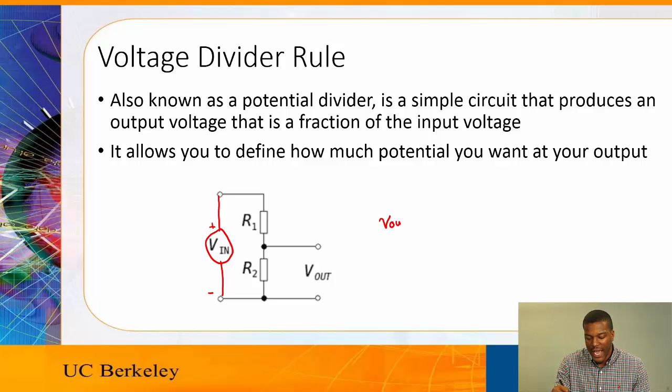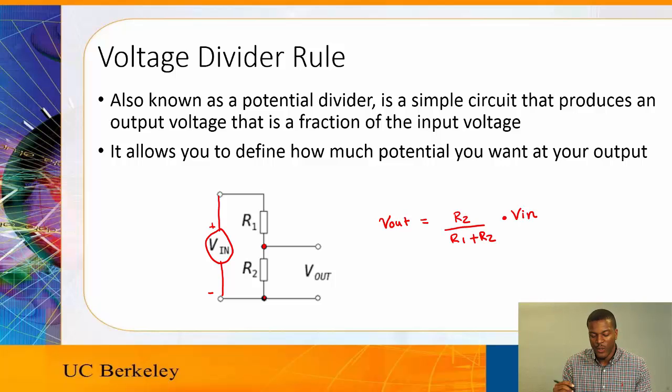In this case, Vout, which is the voltage drop across a resistor R2, equals R2 over R1 plus R2 times Vin.